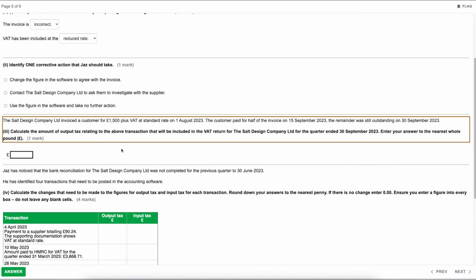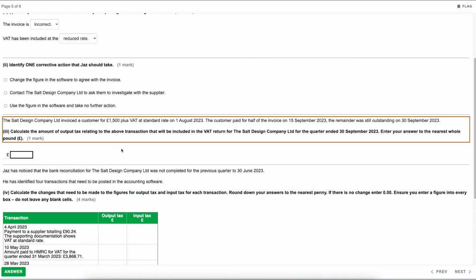Because they're on the cash accounting scheme, they're only paying across, bear in mind this is output tax, the amounts that have actually been paid to them. Now, because only half the invoice has been paid, you would therefore only include half the VAT. Now, the VAT on this transaction was £1,500 plus VAT, so the VAT would therefore be £300.